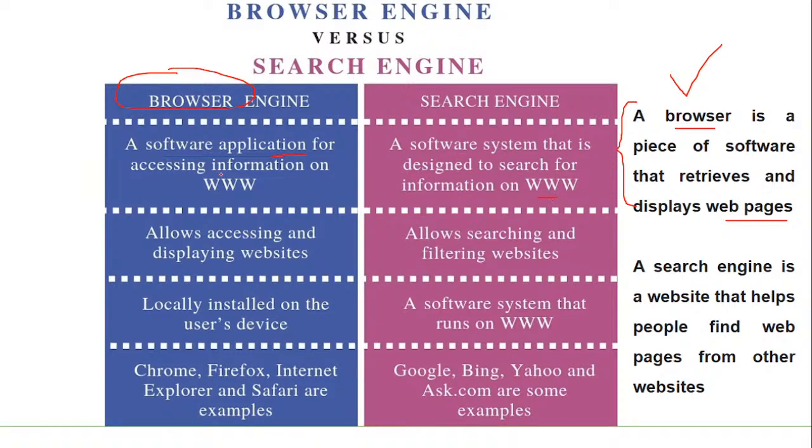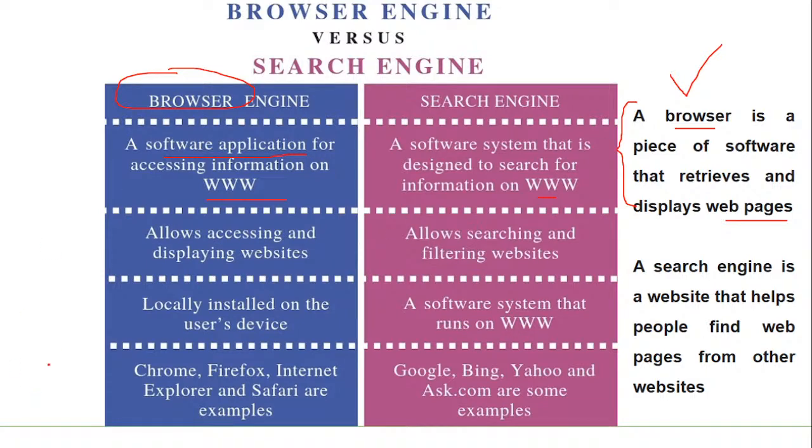The browser gives you the information directly on the web pages, whereas the search engine takes you to the websites. Browser allows accessing and displaying the websites, whereas search engine allows searching and filtering the websites. A browser is locally installed on the user's device, whereas a search engine is a software system that runs on the websites.